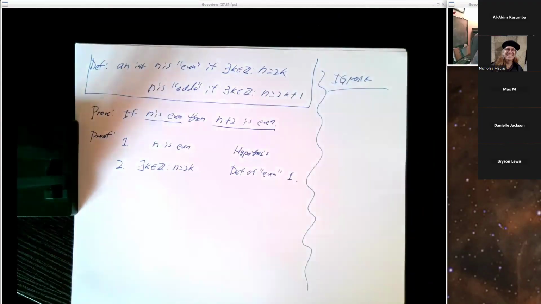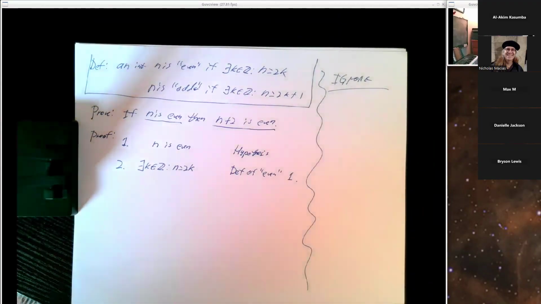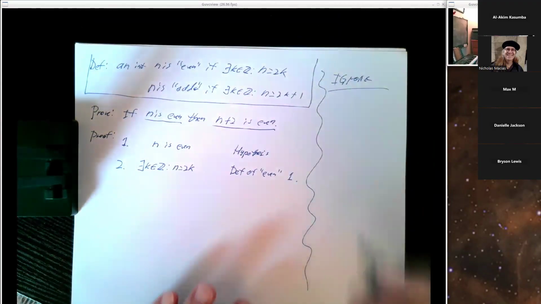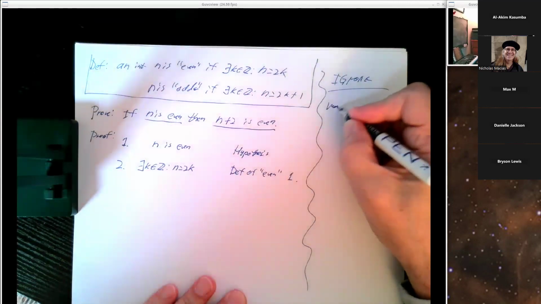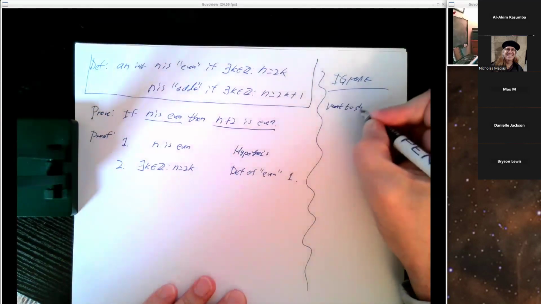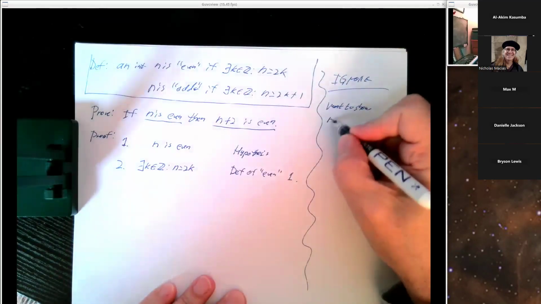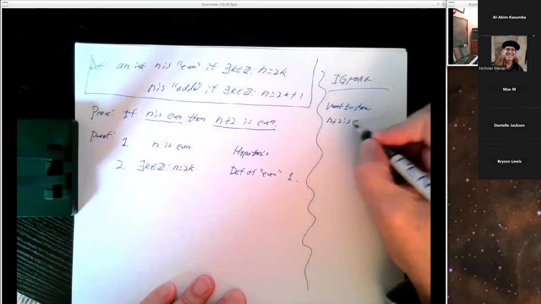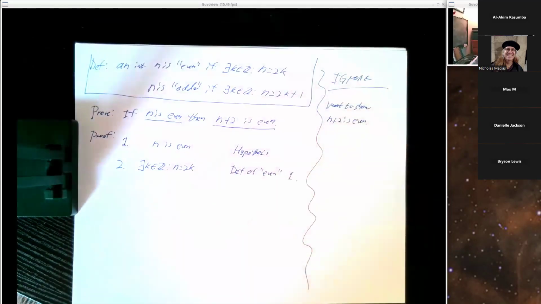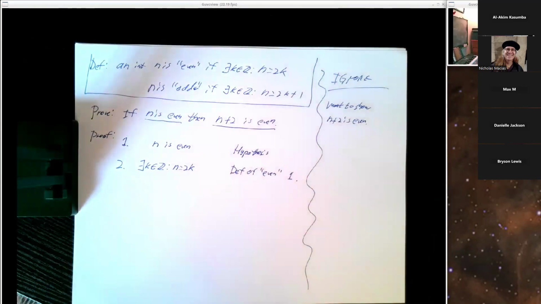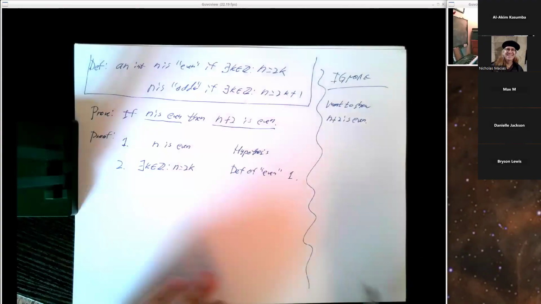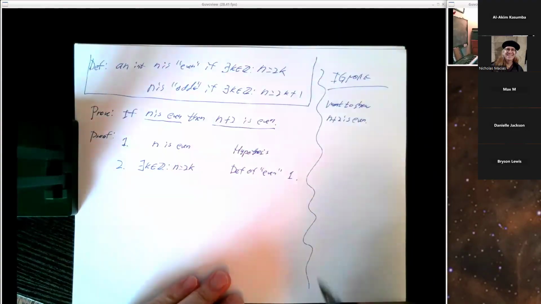So what would I do in my ignore section? I would look at what I'm trying to show. So I want to show, what do I want to show? N plus 2 is even. Well, what does that mean? It exists an integer such that n plus 2 is equal to twice that integer.